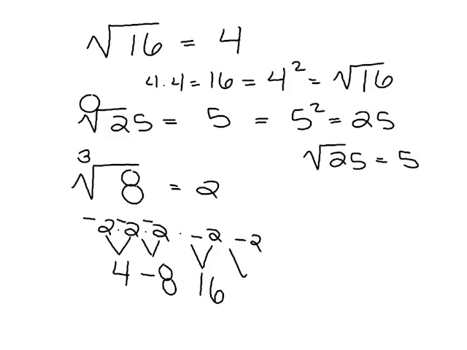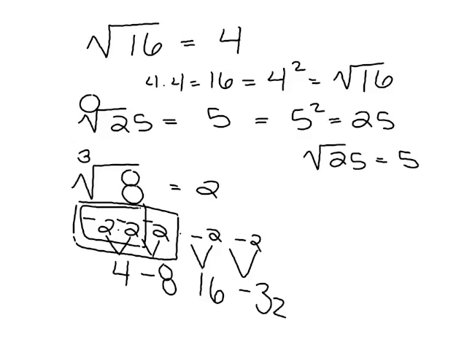I can keep going and we'll see a pattern here. So if I'm dealing with an even number, my answer will always be positive. If I'm dealing with an odd number, then my answer can be either positive or negative, depending on what I'm working with.